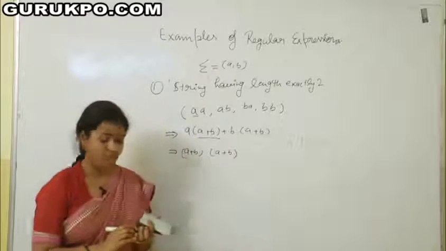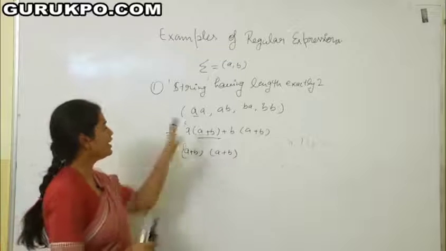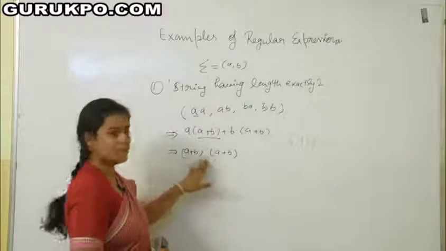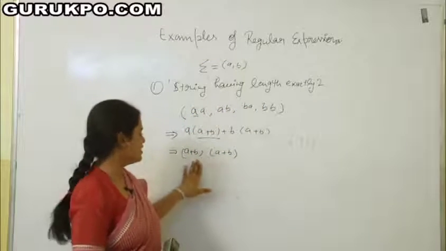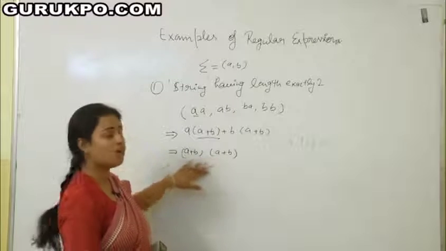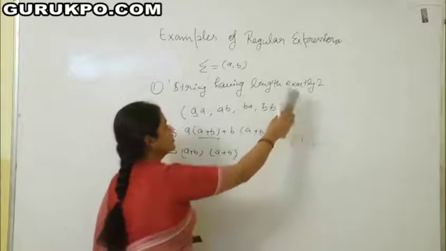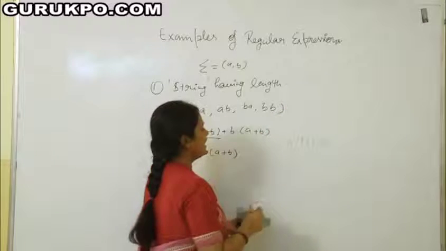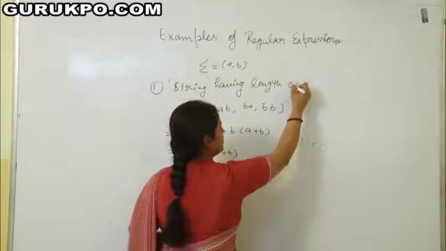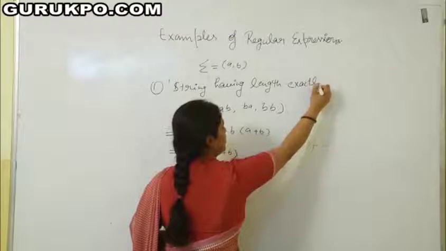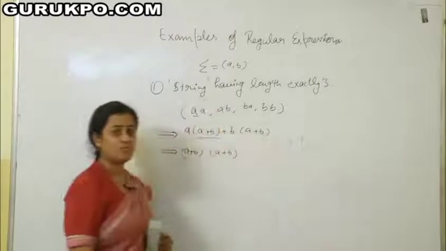So for length exactly 2, we have (a plus b)(a plus b). With this we can generate all the strings having length exactly 2. Suppose we want the length exactly 3. In that case, what will happen?